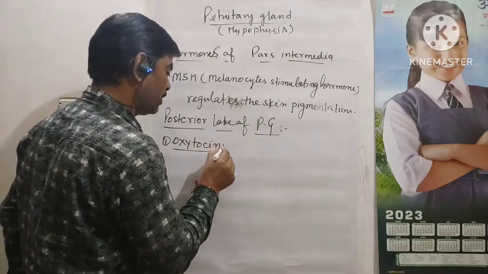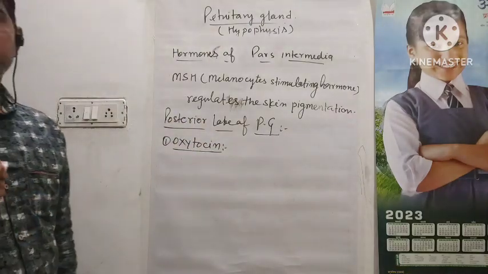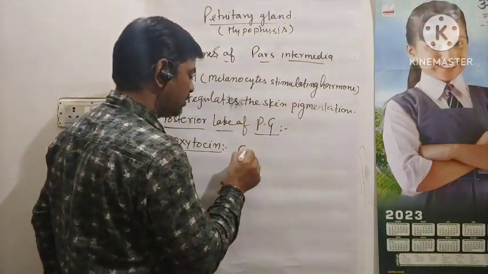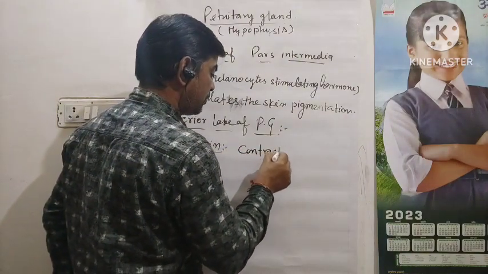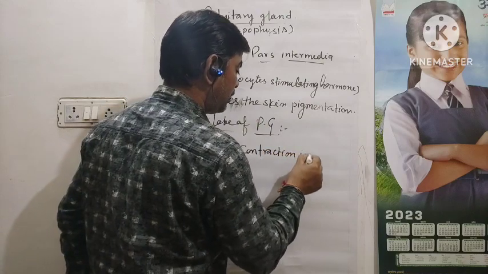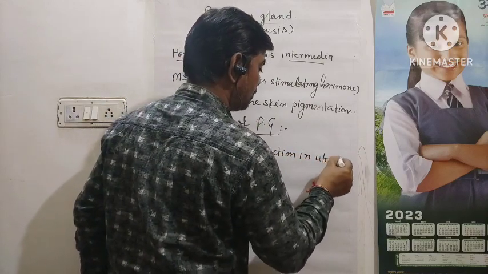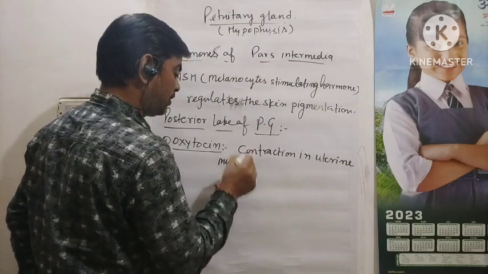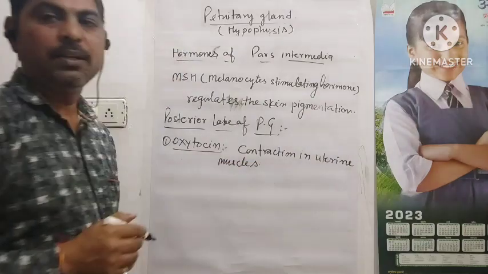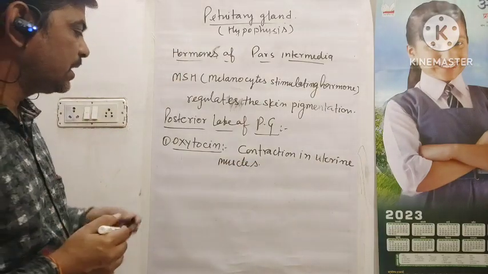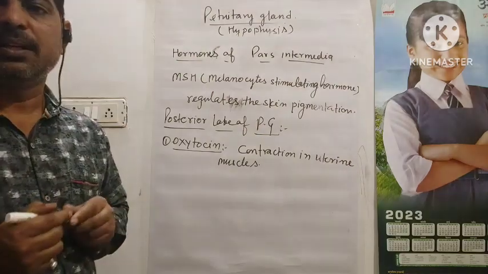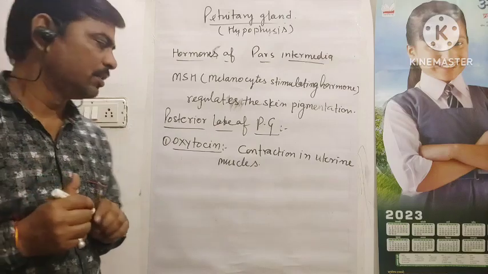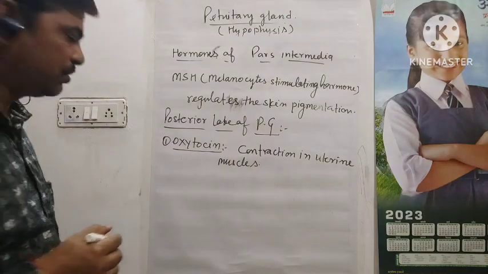This oxytocin helps in the contraction of uterine muscles, and this helps in the birth of baby. Besides this, it also helps in the contraction of the alveoli of the mammary gland to eject out the milk. So this is the function of oxytocin.